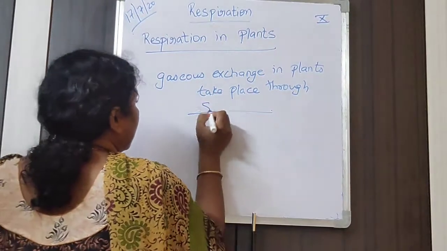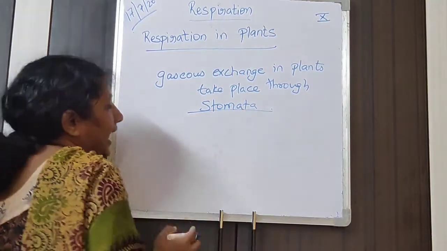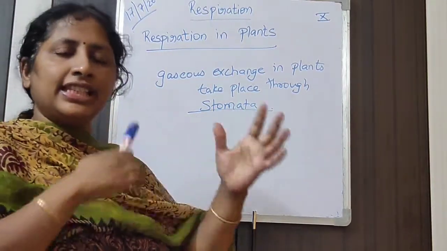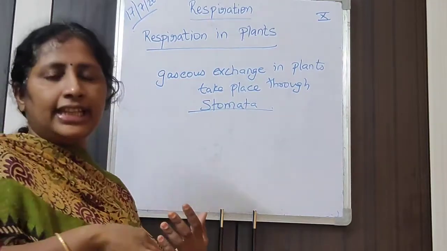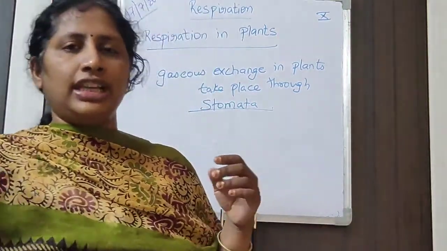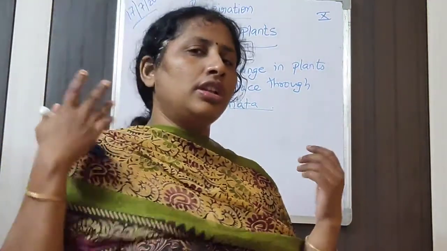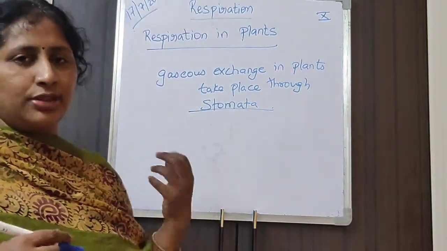Through stomata present in the leaves. Okay, gases exchange takes place in the plants through stomata present in the leaves. So oxygen enters through stomata and respiration goes on, and carbon dioxide is also released into the atmosphere through stomata. So in leaf, gases exchange takes place through stomata.